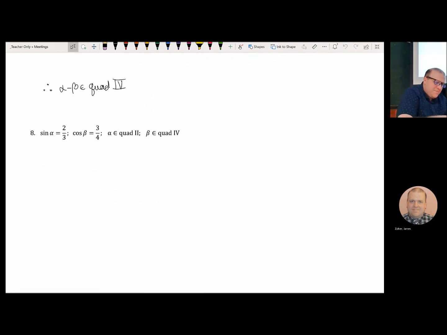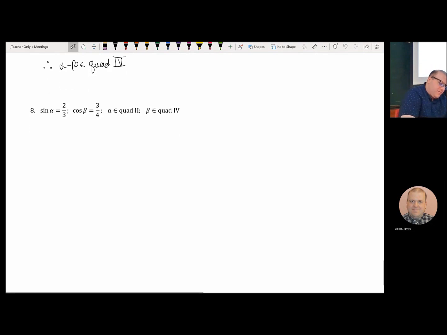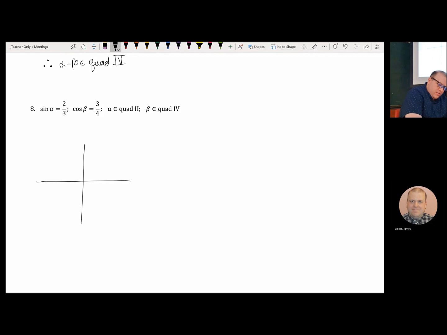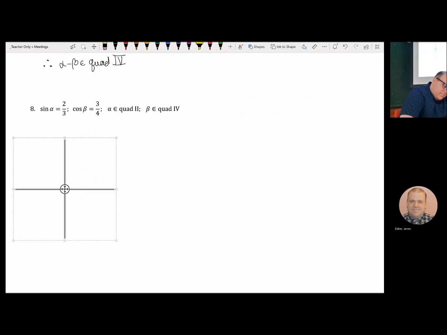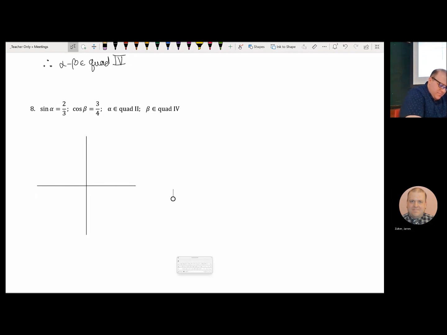Sine of alpha is 2/3, cosine of beta is 3/4. We're told alpha's in the second quadrant, beta is in the fourth. Perfectly straight.